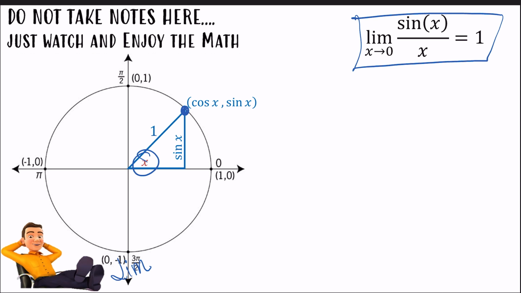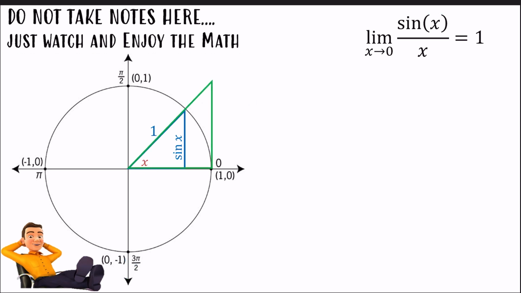Now, if I expand that triangle, and now I make the bottom edge of the triangle 1, I know that the first coordinate is 1, but what's the second coordinate? The second coordinate is actually tangent of x. Now, where the heck did that come from? The tangent of x is opposite over adjacent.